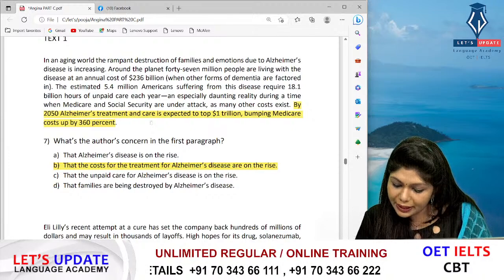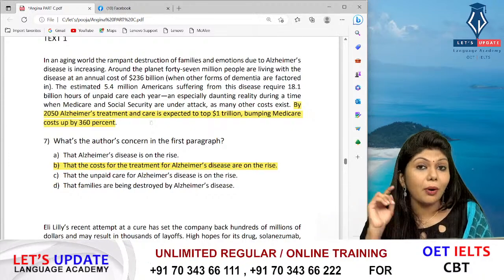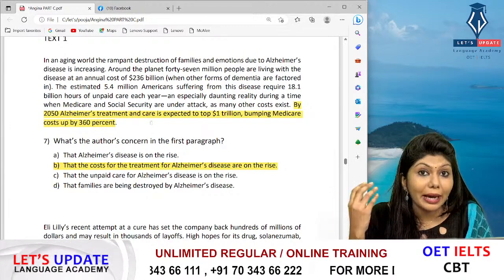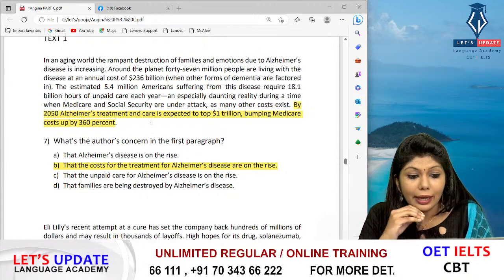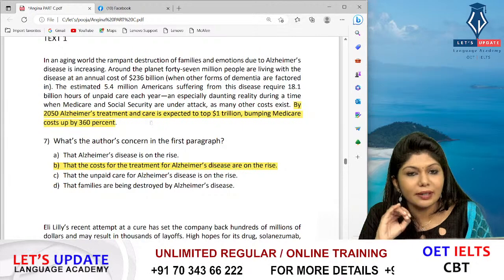It is not mentioned that Alzheimer's disease is on the rise. It's about the cost for the treatment that they are telling us is going to rise by about 360%. About the disease itself, they are not telling us that it is on the rise. That is why we have eliminated A.